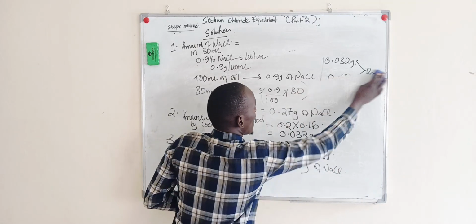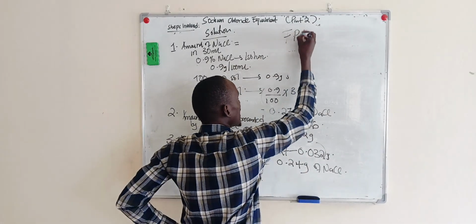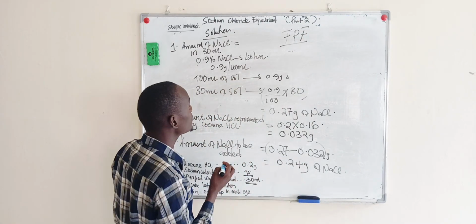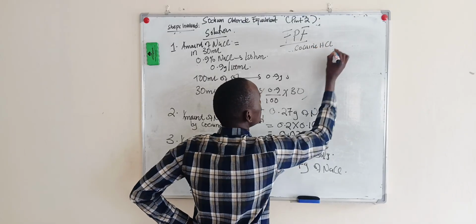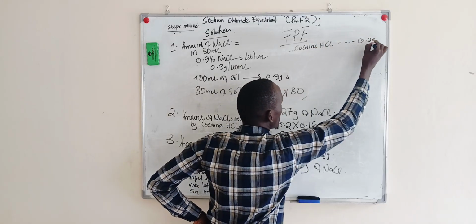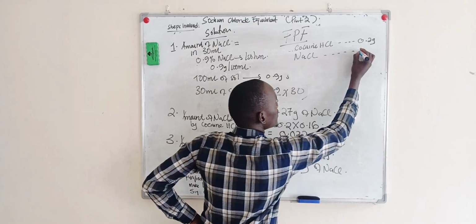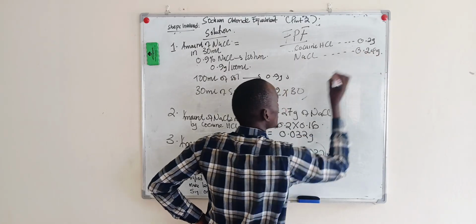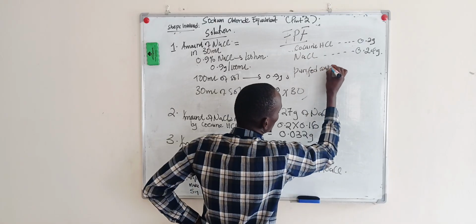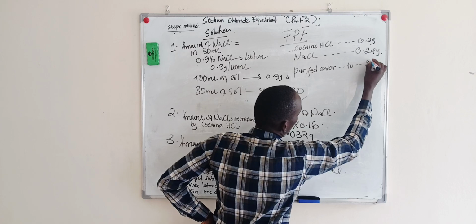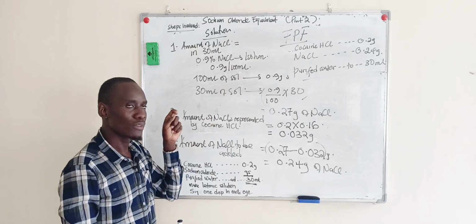So, our final product formula of the preparation will be cocaine hydrochloride, 0.2 grams, sodium chloride, 0.24 grams, and then purified water added to 30 mils. That will be our final product formula.